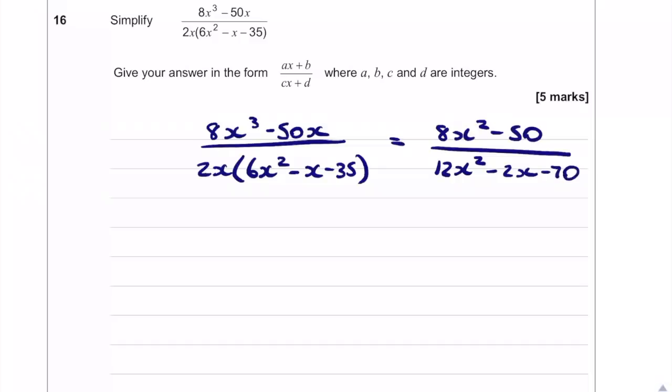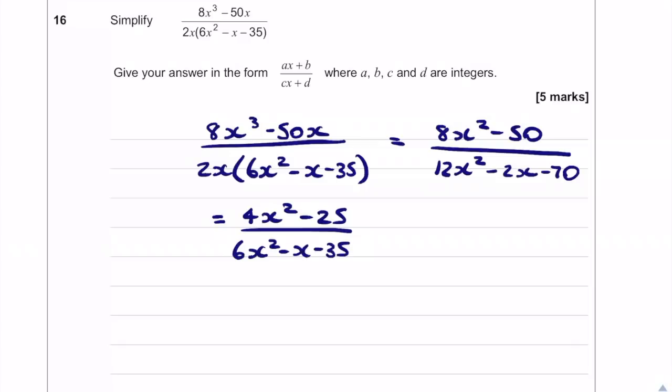Now, the other thing I can do is divide through by 2, because every value is even. So I'm going to get 4x squared minus 25 all over 6x squared minus x minus 35.